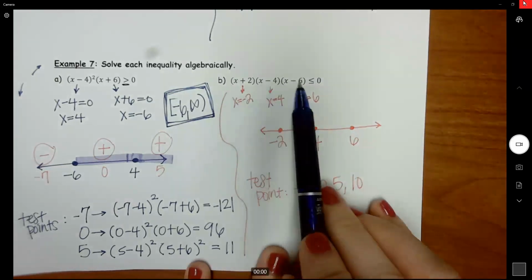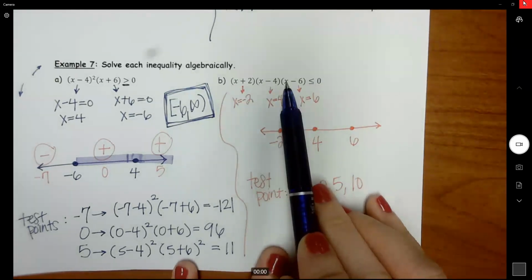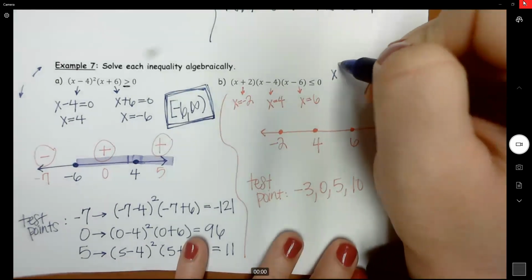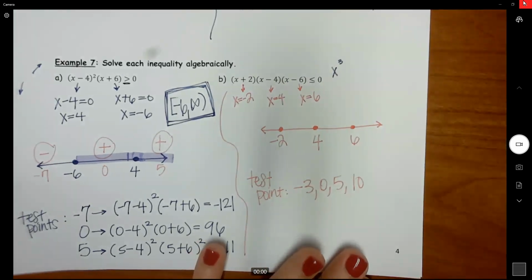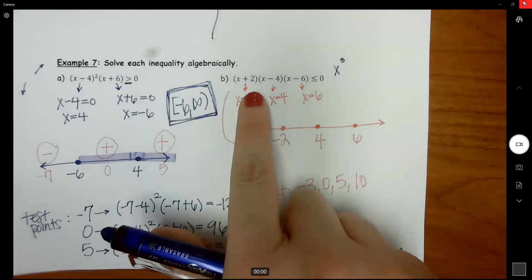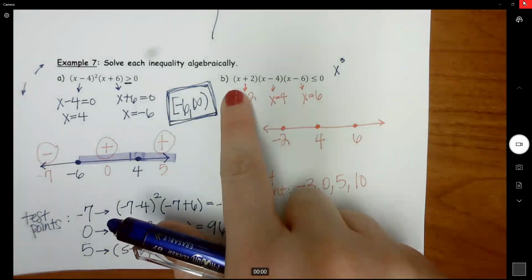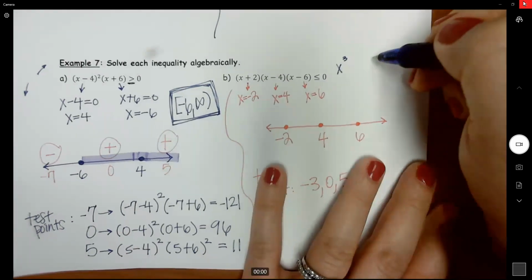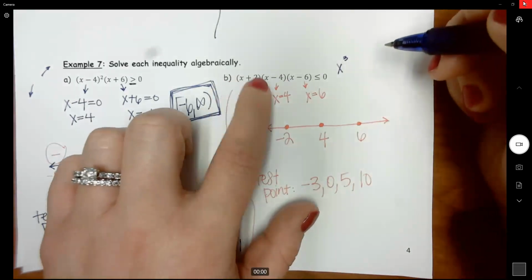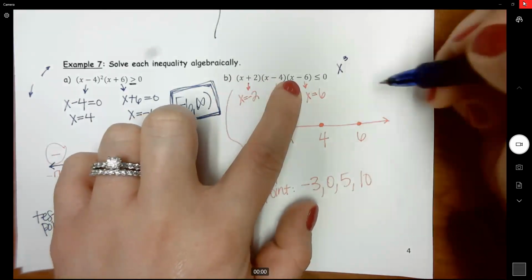So if I was to multiply this all out, we'd have x times x times x, so we would get x cubed. So that's odd. And I have nothing negative out in front here, so the leading coefficient is positive.